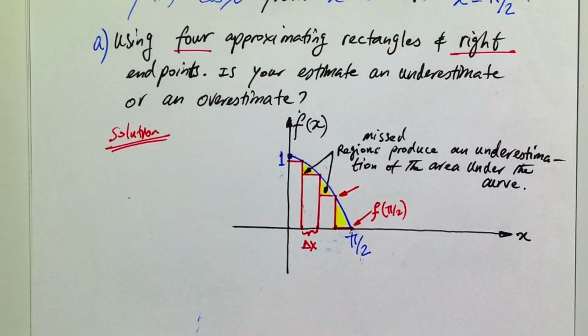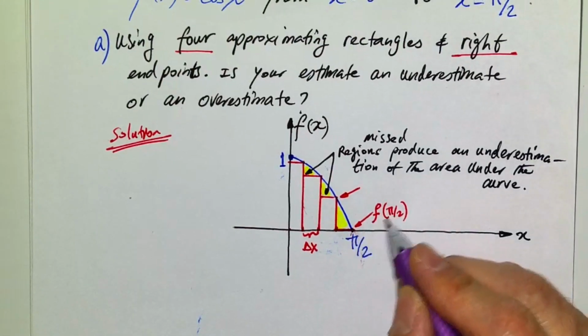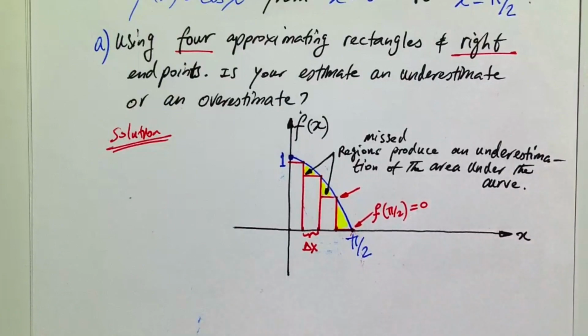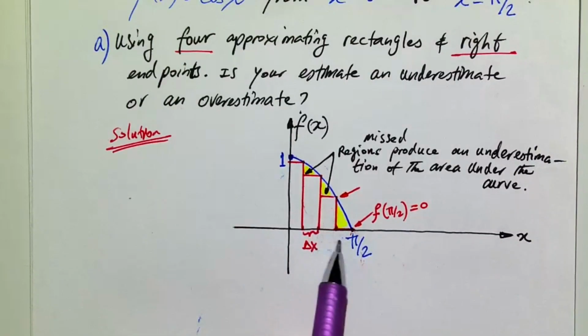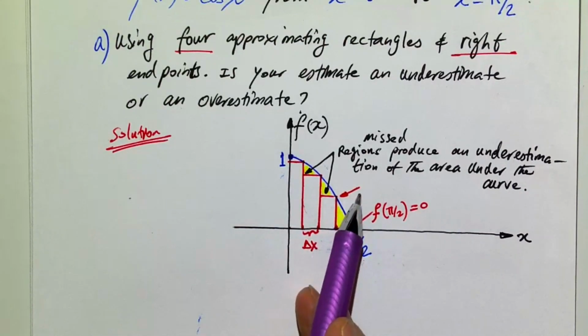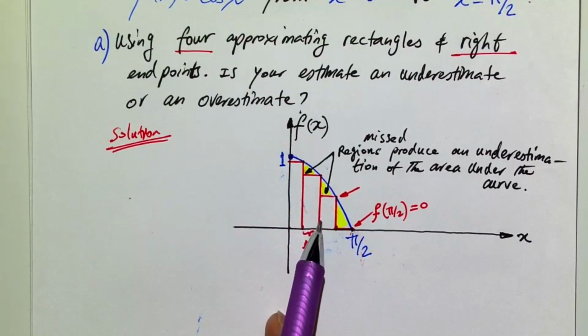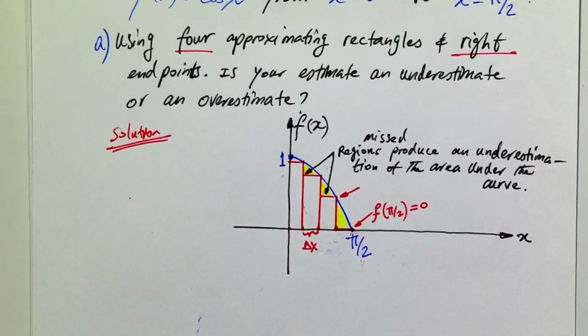We haven't yet figured this out, and at this point I need to do that. So by the way, f at pi over 2 is 0, and then what is that quantity, right? We need to know what is that right point, because we want to calculate the function values at right points of each rectangle. So to do that, it's easy.